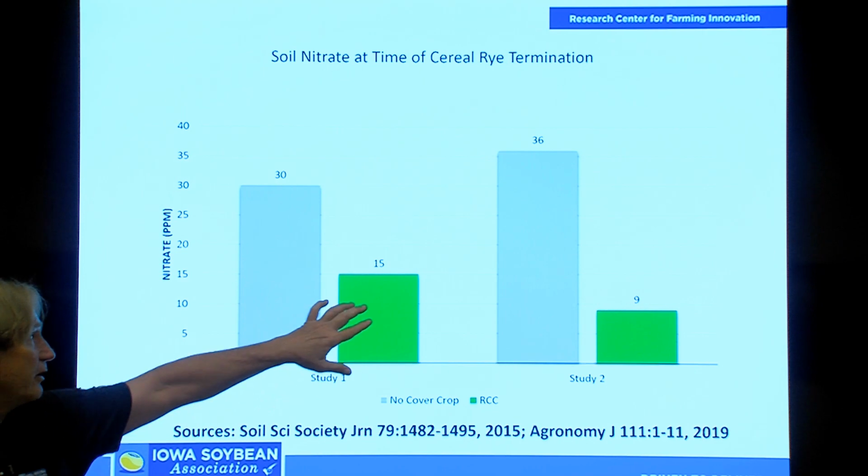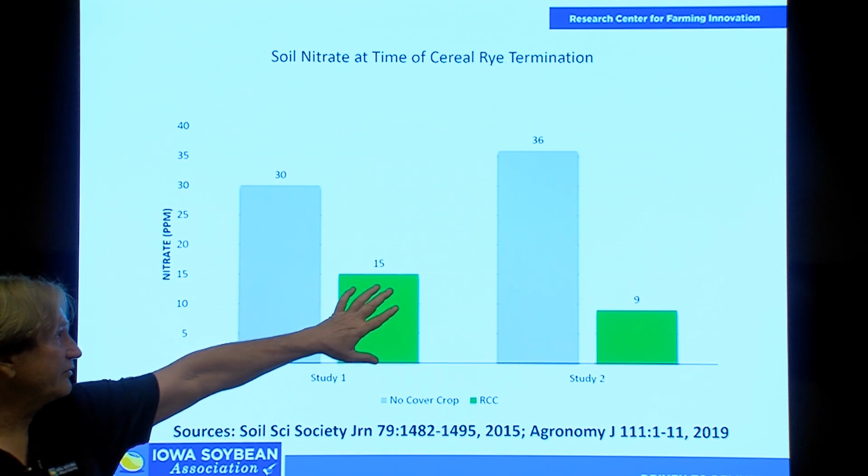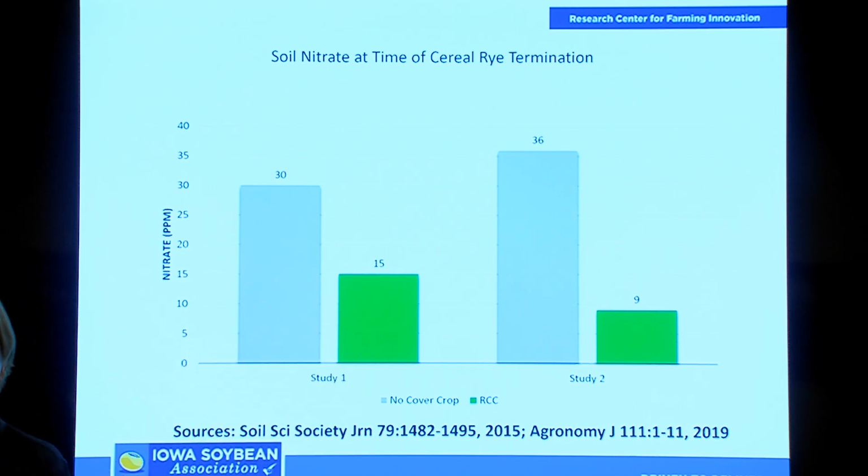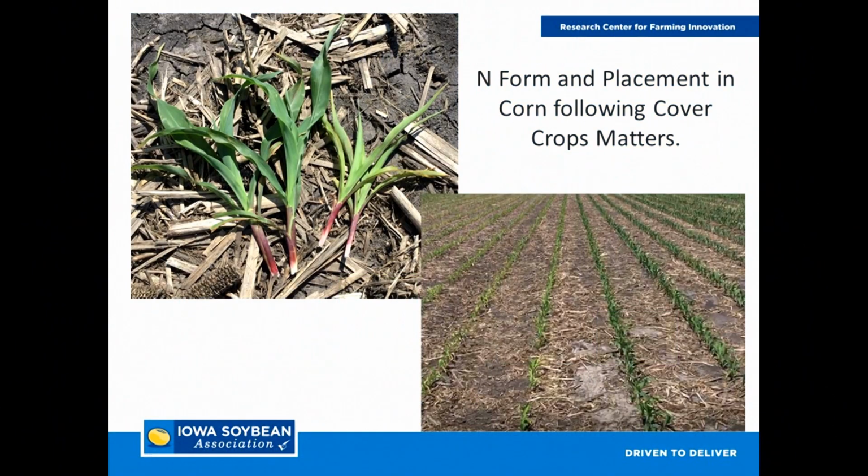But there's a problem here in that this deficit of nitrate can affect corn yield during its early yield formation stages. So as a way of managing cover crops and managing corn following cover crops, we did a study here where we compared different nitrogen form and placement in corn following cover crops.